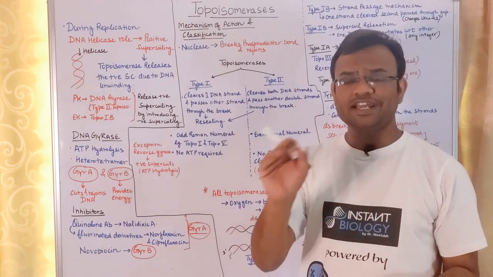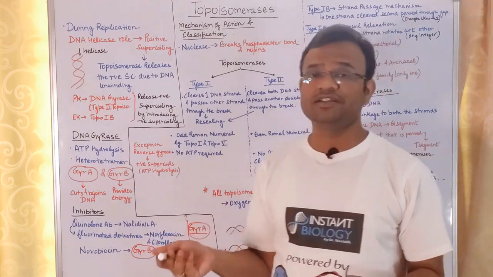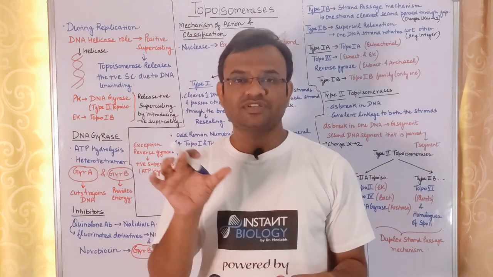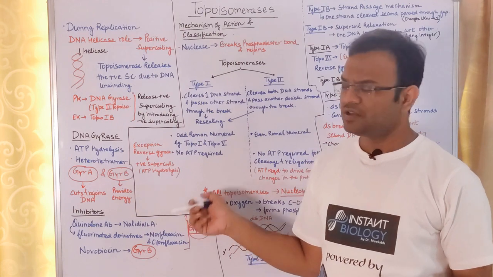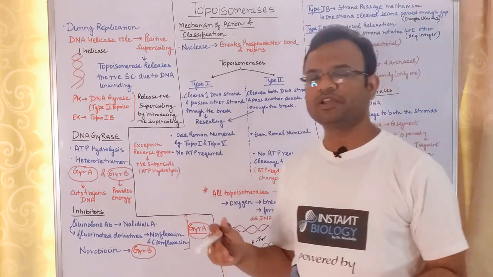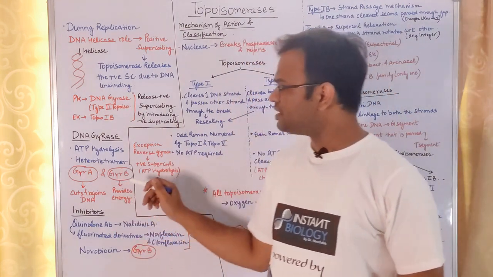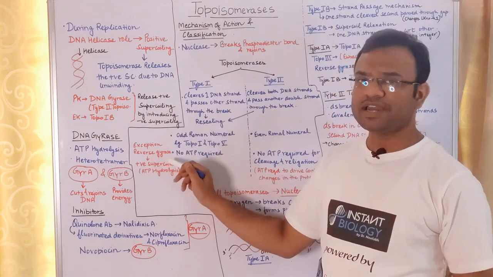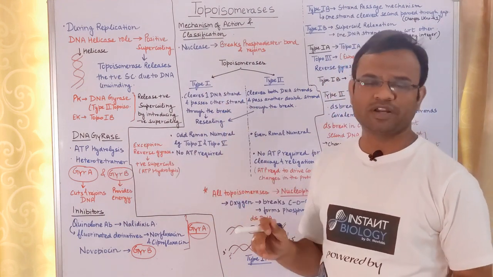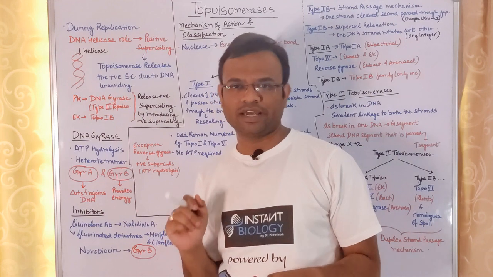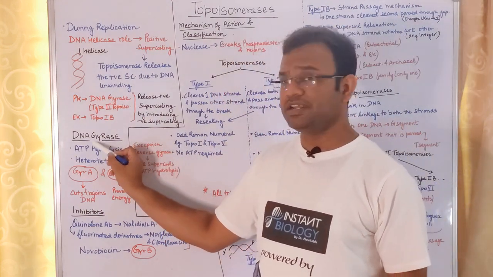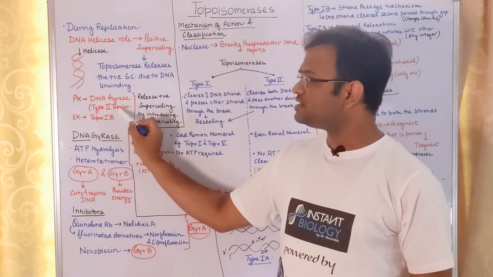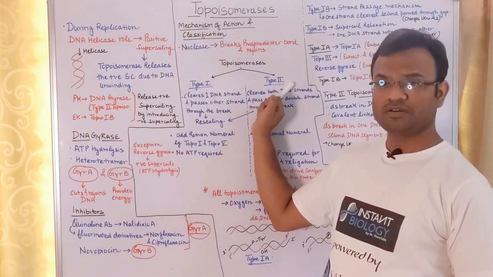Now, if it creates positive supercoils, it definitely needs to utilize ATP, only then will it be able to do this. Therefore, reverse gyrase will require ATP hydrolysis. Other than reverse gyrase, all the type 1 topoisomerases do not require ATP hydrolysis. Do not confuse reverse gyrase with DNA gyrase. Remember, DNA gyrase was an example of type 2 topoisomerase.